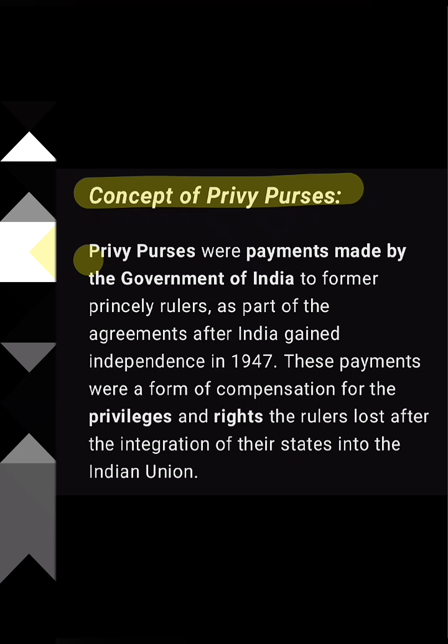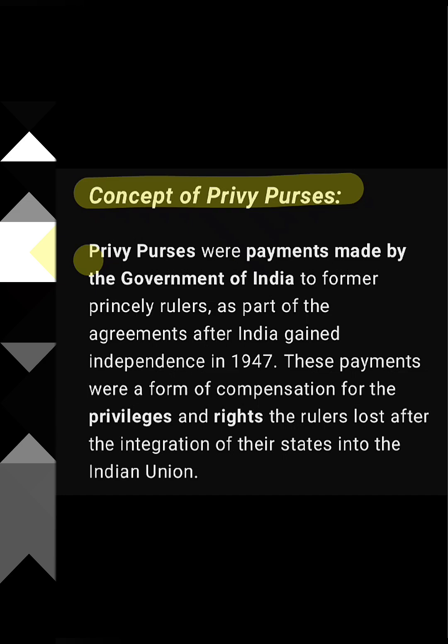When the rulers of princely states decided to merge their territories with the Indian Union, they were compromising on the sovereignty, the privileges and rights which they would have enjoyed in their territory if they had not decided to merge with India. But now if they are merging with India, they had to give up their sovereignty, their privileges and their rights which they can exercise in their territories.